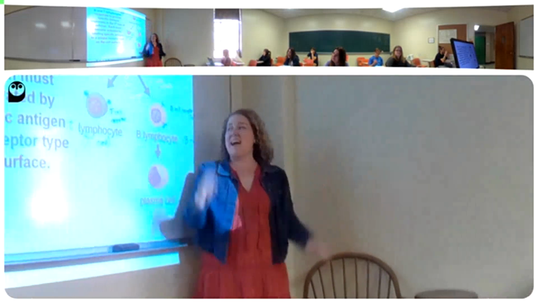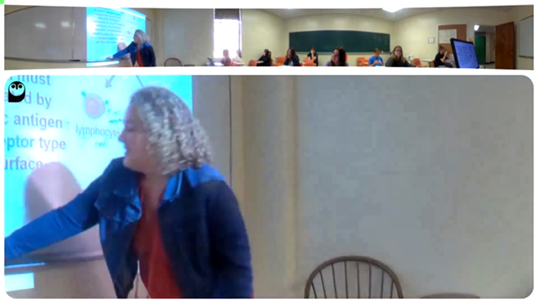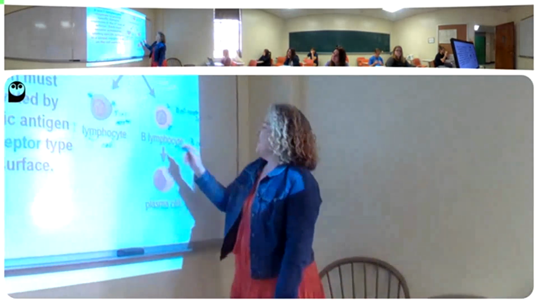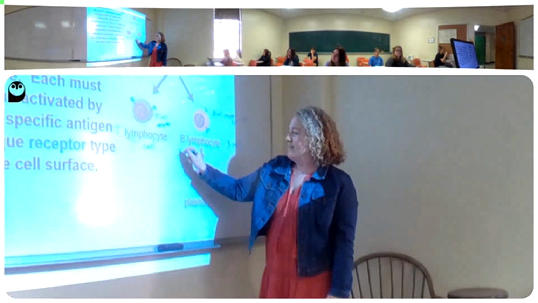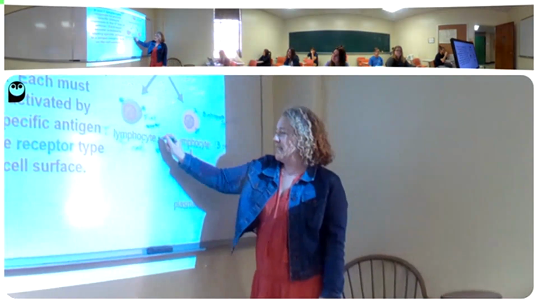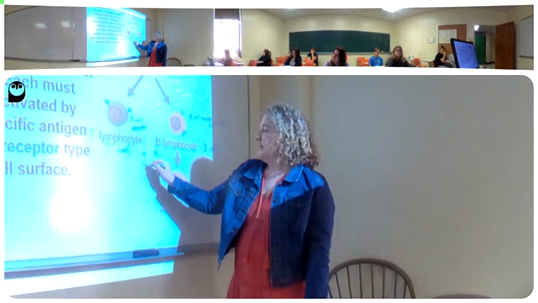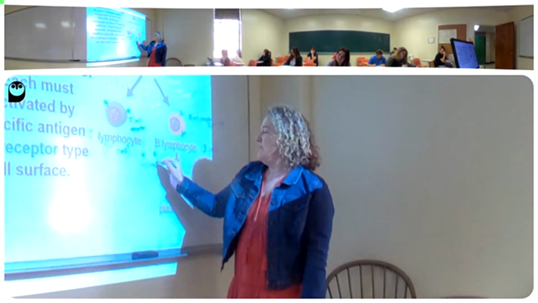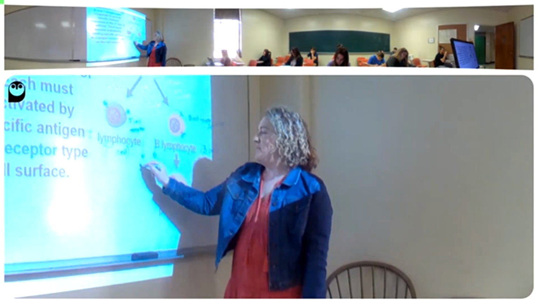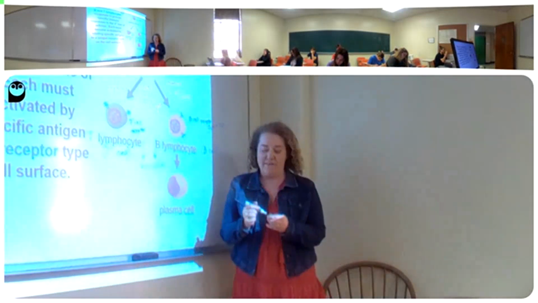I got it. And then I get activated. So, moving on to the next thing. Just because you exist and you have that specificity doesn't mean that you are activated.